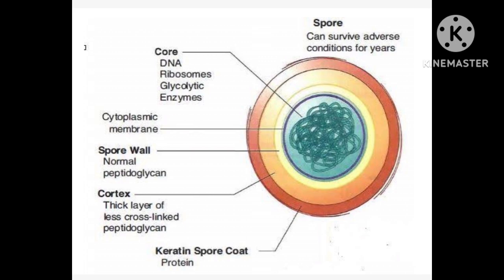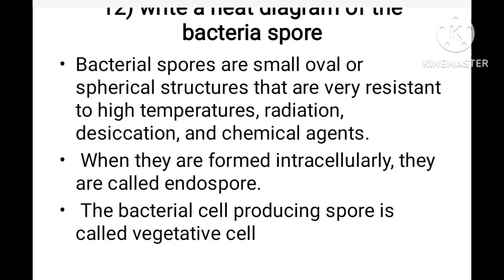Question number 12. Write a neat diagram of a bacterial spore. A bacterial spore is a small structure that is highly resistant to environmental factors like heat, radiation, desiccation and chemicals.